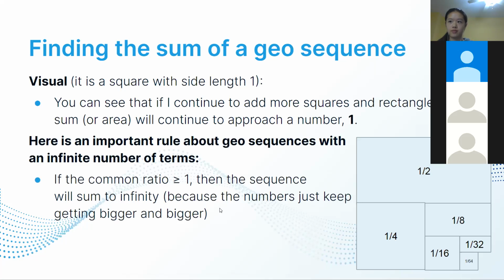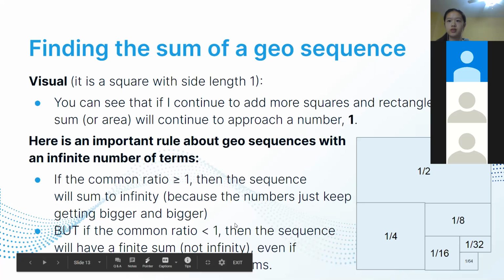And also, you can think about it this way. If we have a common ratio greater than 1, then surely at one point the numbers will be greater than 1. So when you have infinite numbers that are at least 1, then you have a sum of at least infinity. But if the common ratio is less than 1, then each time the numbers are getting smaller and smaller.